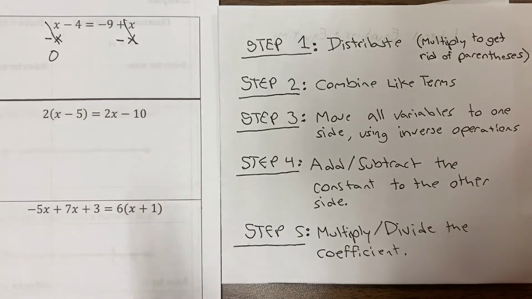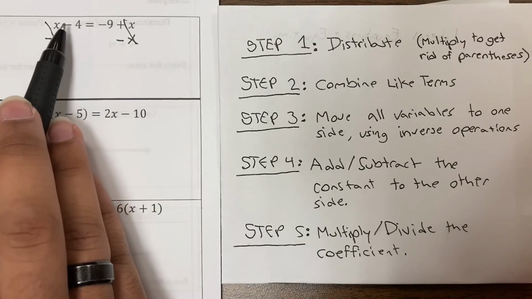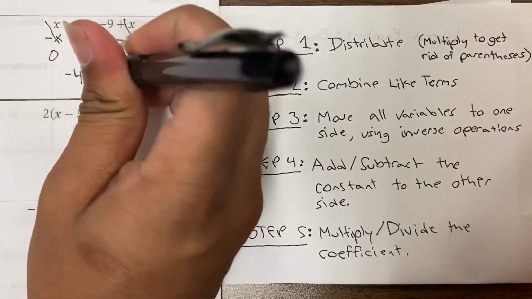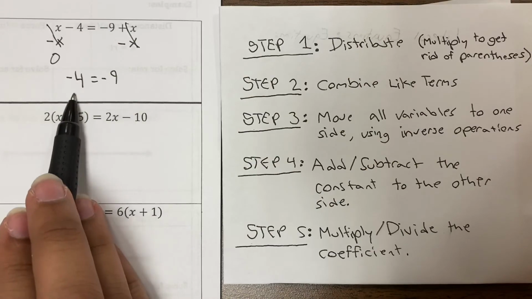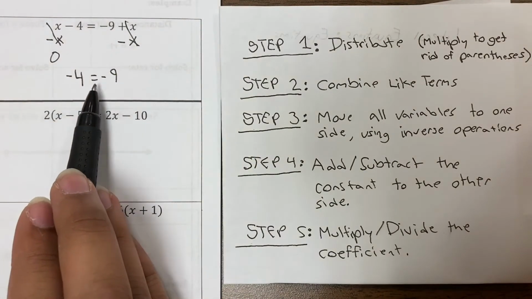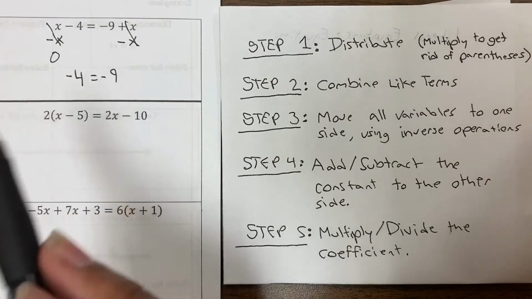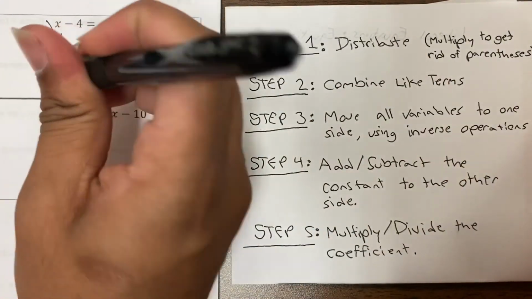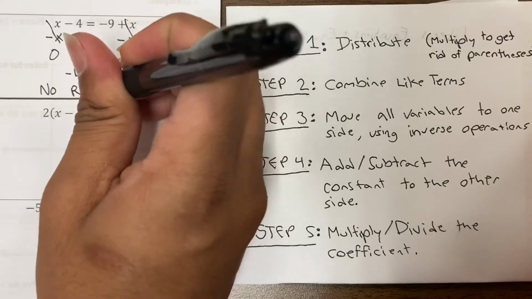So let's just see what happens, and I want to show you why there's no solution. So right here, we're left with negative 4 equals negative 9. Negative 4 does not ever, in any situation, equal negative 9. So I know that this is false, so there is no real solution.